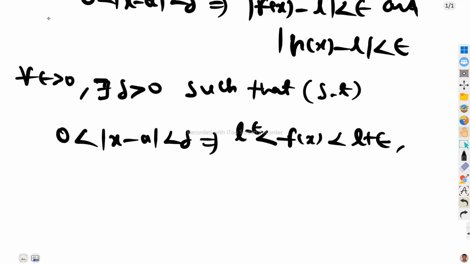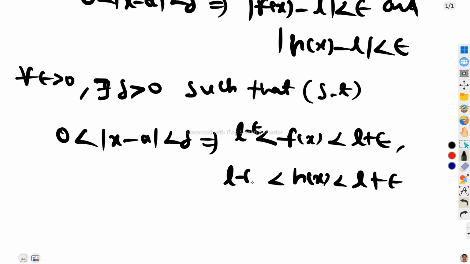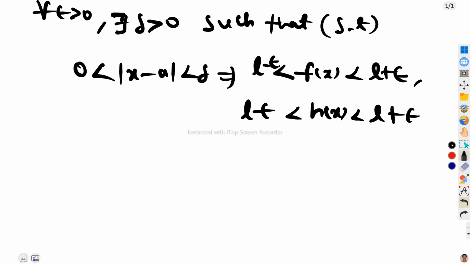Also h(x) is less than L plus epsilon and greater than L minus epsilon. Also we are given that f(x) is less than or equal to g(x) and g(x) is less than or equal to h(x).